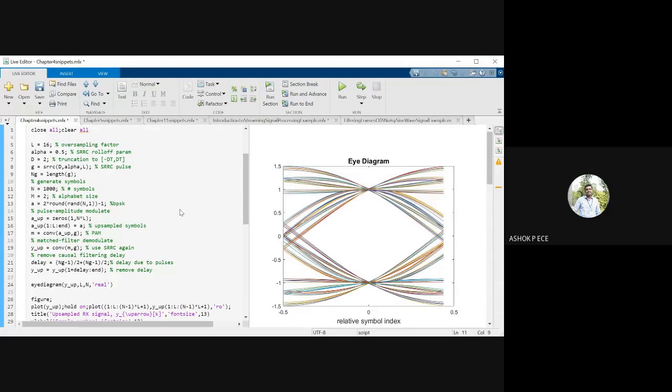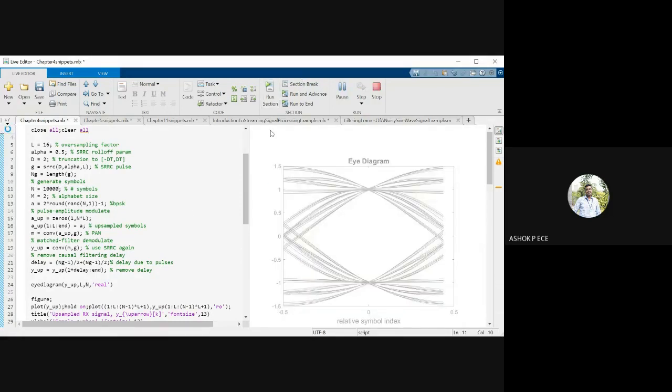The lines are becoming darker because more symbols are getting transmitted. Maybe if I make it 10,000, it will become even darker.